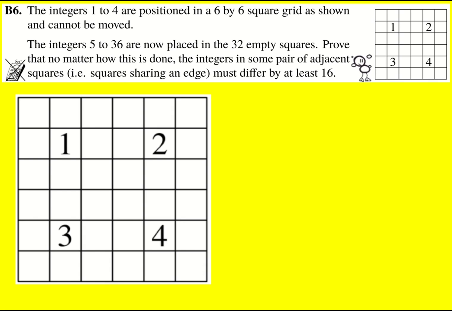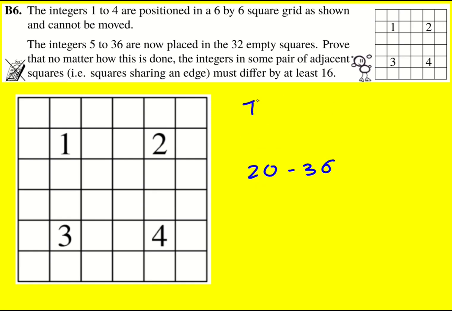So if we put any of the numbers 20 to 36 adjacent to 1, 2, 3, or 4, then we would have failed. Basically, we're trying to do it without. So we're going to try to not put them next to it. So yeah, I suppose that's the first thing.